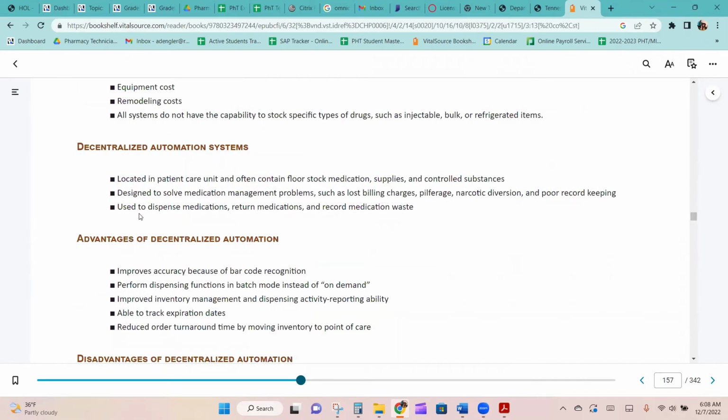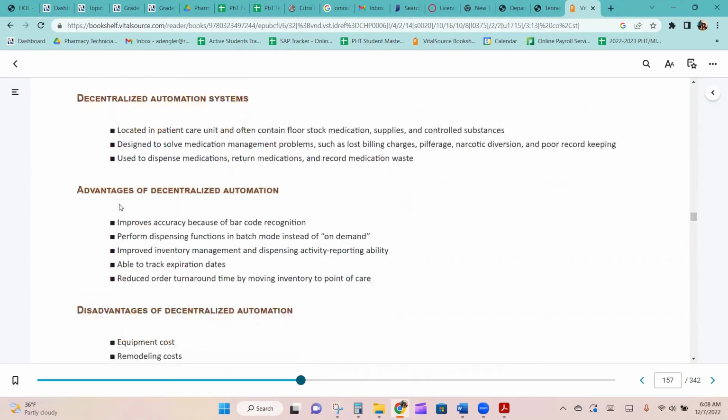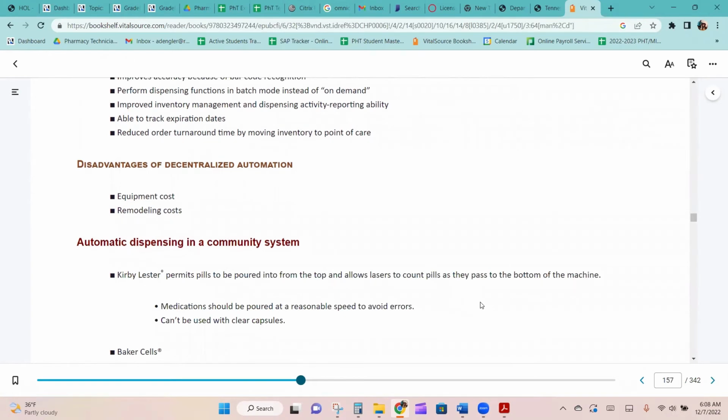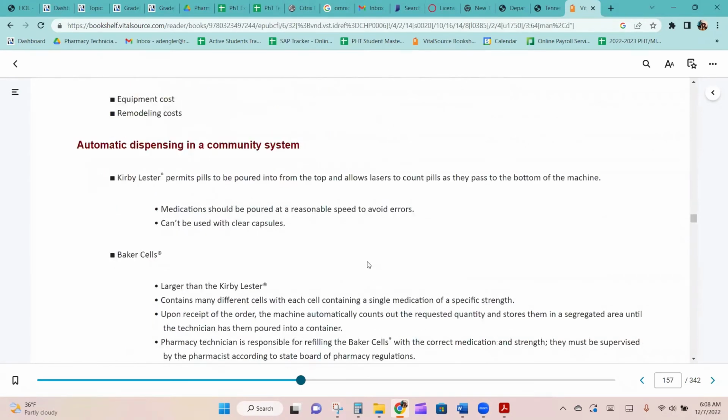Decentralized automation systems are used to dispense medications, return medications, and record medication waste. Advantages of decentralized automation: improves accuracy because of barcode recognition, able to track expiration dates. Disadvantages: equipment cost, remodeling cost.